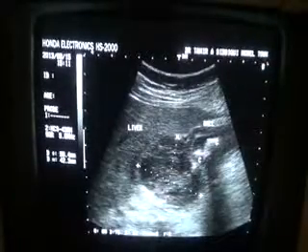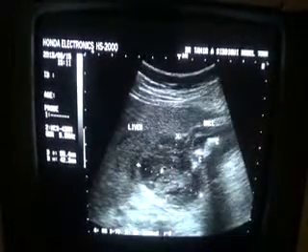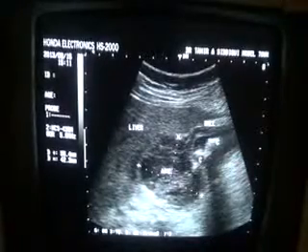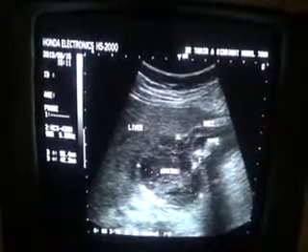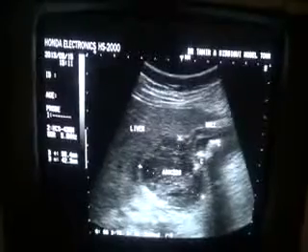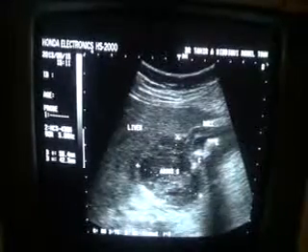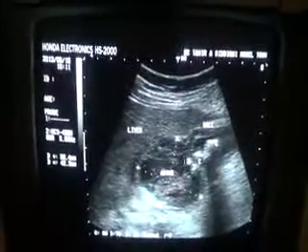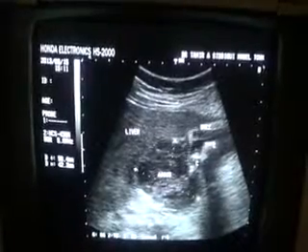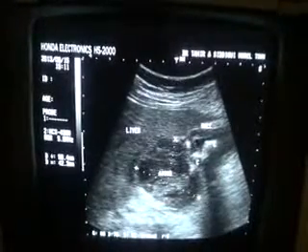This is an abscess due to a breach in the wall of the gallbladder in this location.